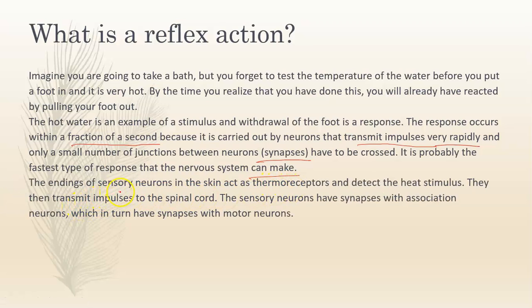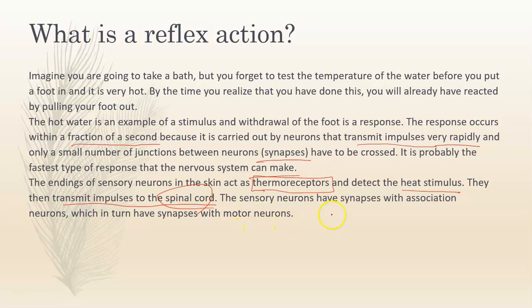The endings of sensory neurons in the skin act as thermoreceptors and detect the heat stimulus. So there will be a receptor system, and they will detect the stimulus, in this case heat. And then they transmit the impulses to the spinal cord.